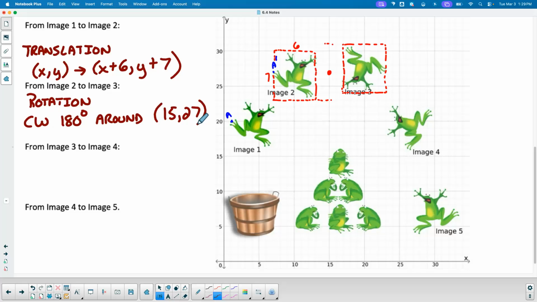Sweet. Okay. Image 3 to image 4. Did it reflect? I don't think it reflected.